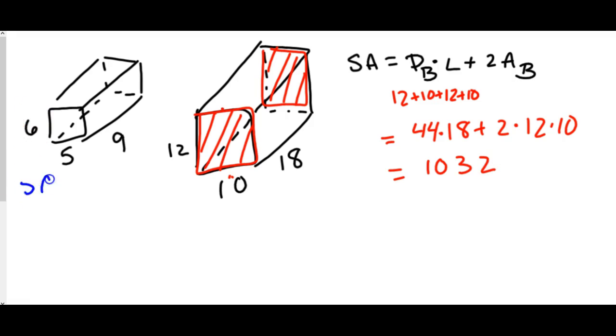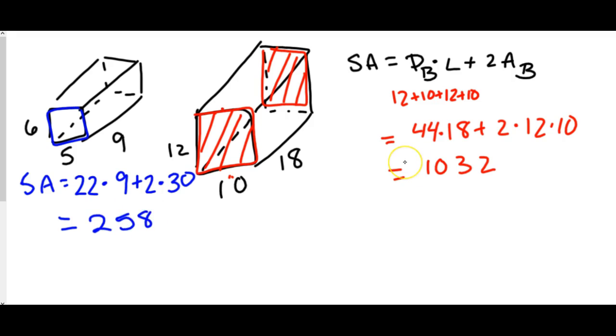Surface area of the smaller figure. Perimeter again, 6 plus 5 plus 6 plus 5. That gives us 22 times the length. That gives us 9 plus 2 times area of the base. 6 times 5 gives us the area of 30. So altogether, the surface area is 258.